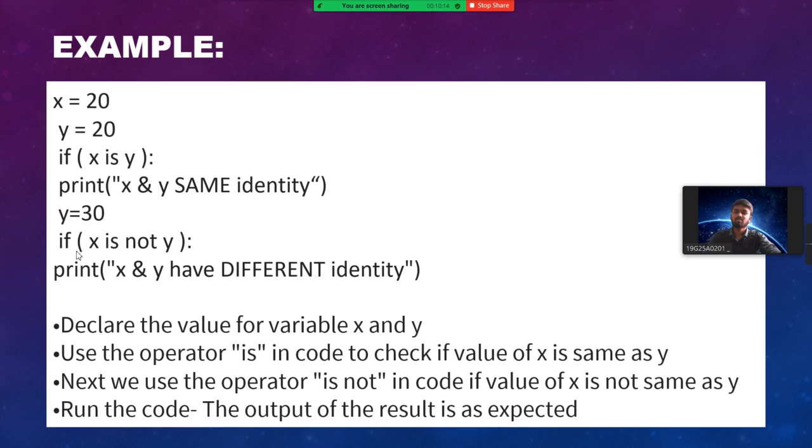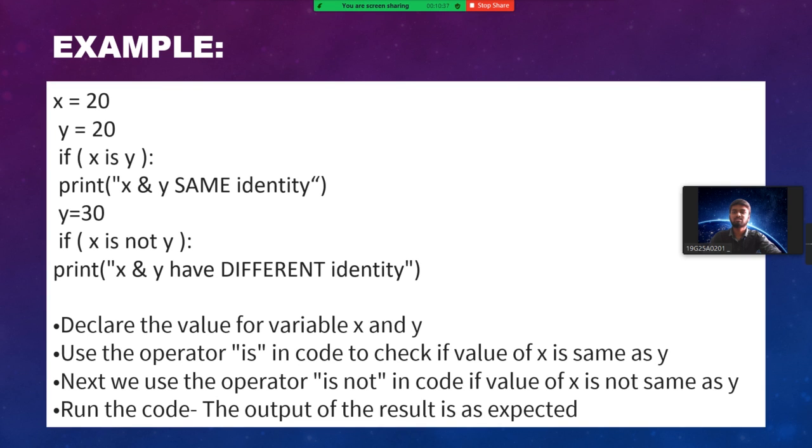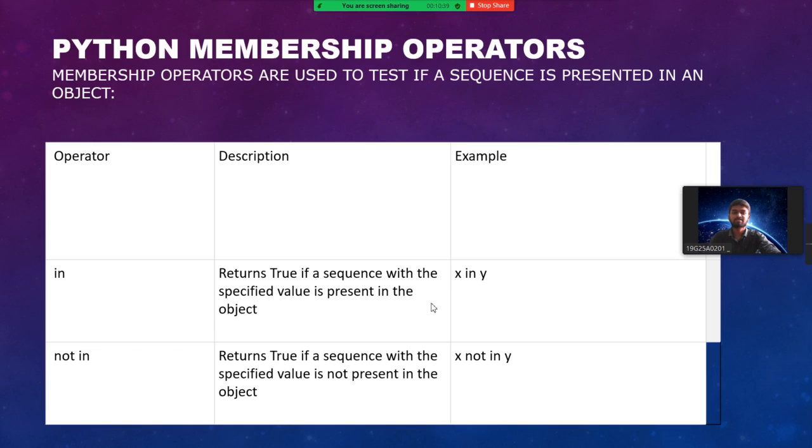And if x is not y, print x and y have different identity. Next we use the operator is not in the code, x is not the same as y. This is how these identity operators are used in Python programming.